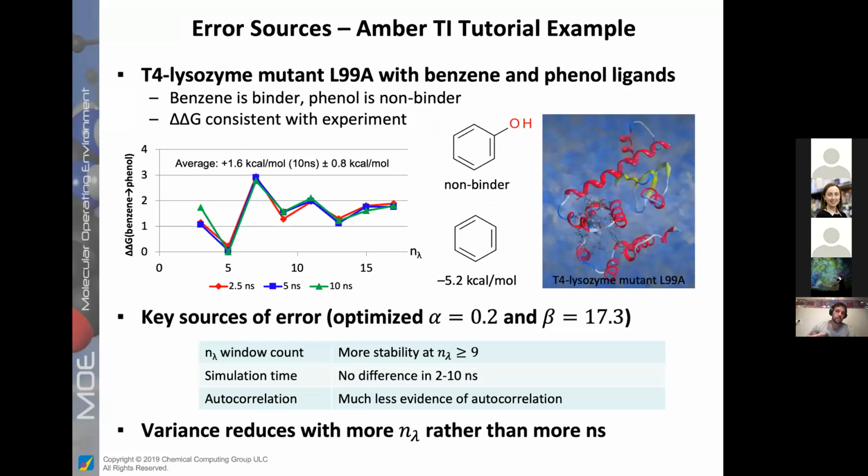So when you bring this back to the example I showed before of T4 lysozyme, now independent of the simulation length for the simple system, starting from like 9 or 10 lambda windows, you see a stable delta delta G for the benzene to phenol transformation. So we were really happy.